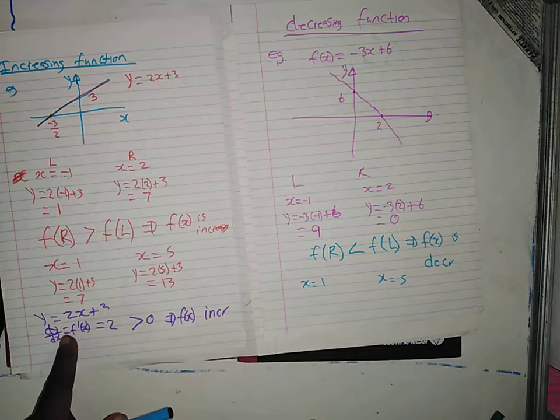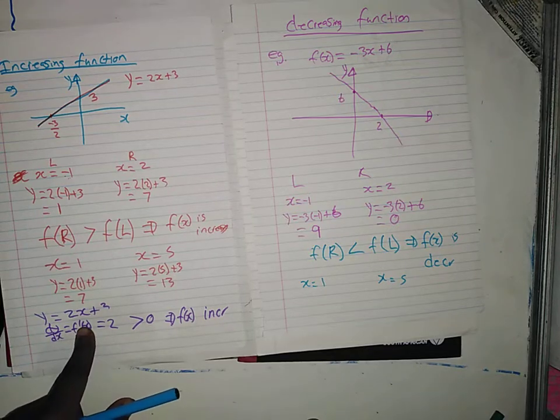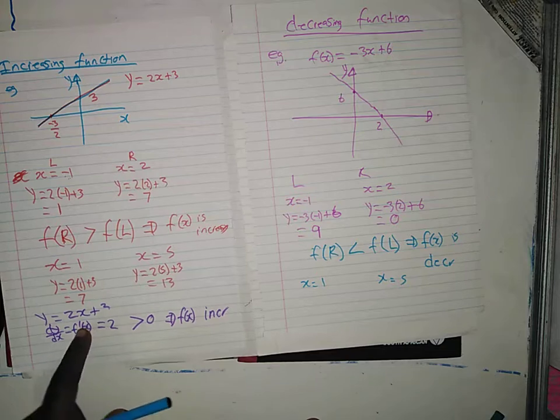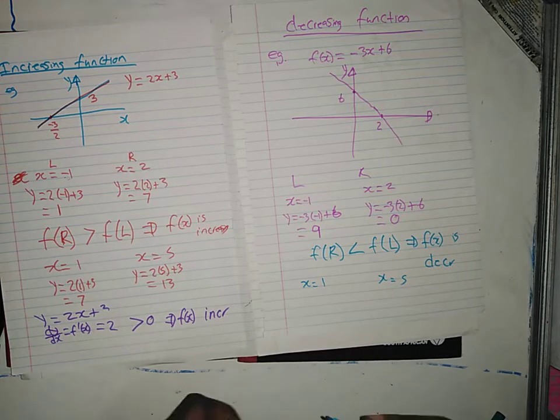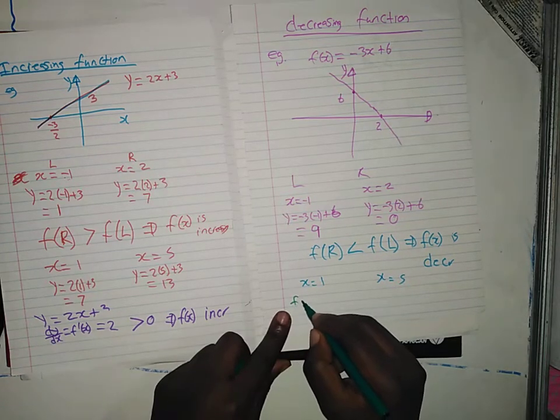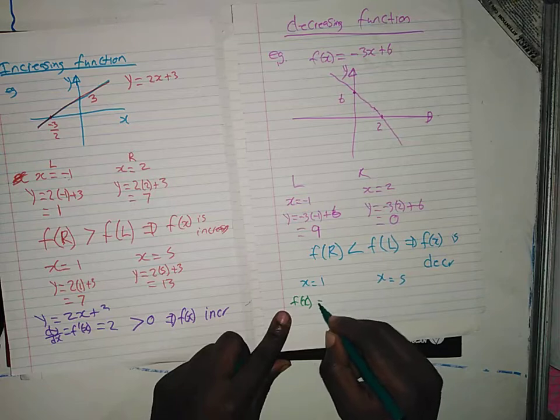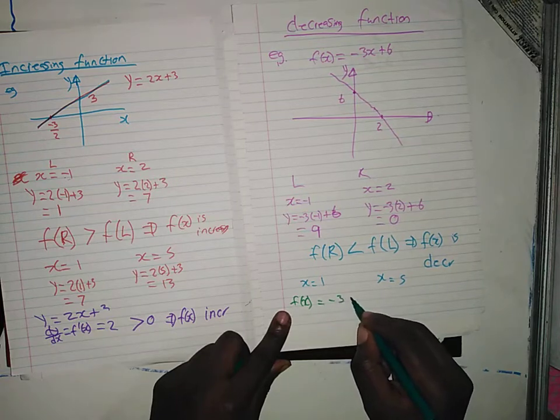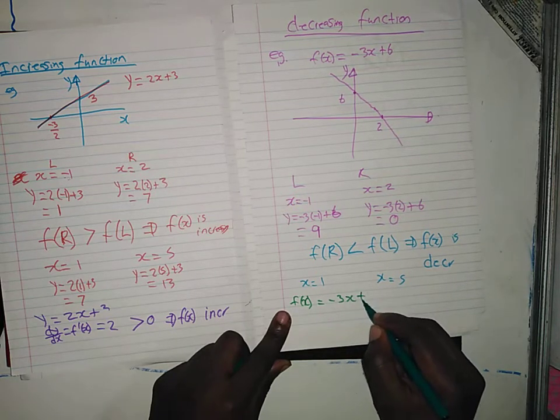So we use the derivative here to show that this function is increasing. Now, can we use the same derivative to show that it's decreasing? Let's just take the derivative of this one and see where it leads us. We've got f of x, which is equal to minus 3x plus 6.